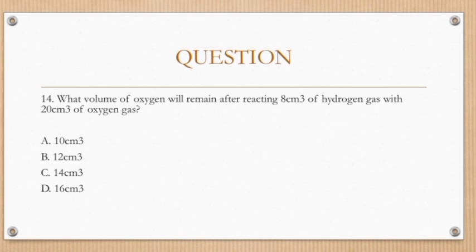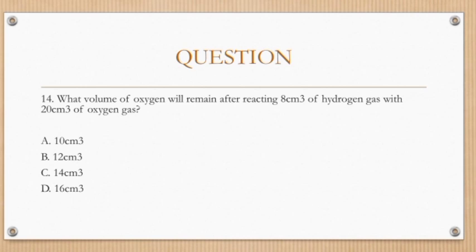So in this question, we are going to be using what we call the crossing method. The question goes like this: you're looking for volume of this, and they already give you the volume of the other. So the crossing method can be used for questions like this.